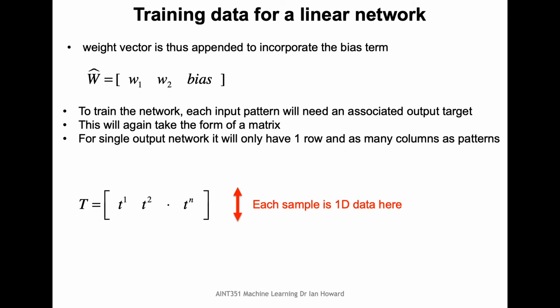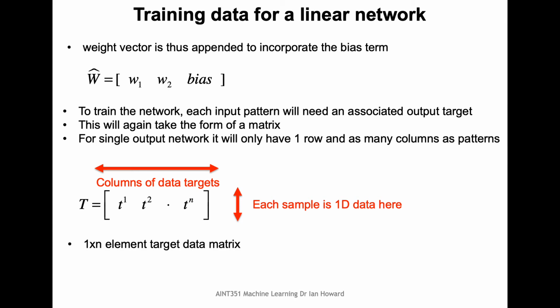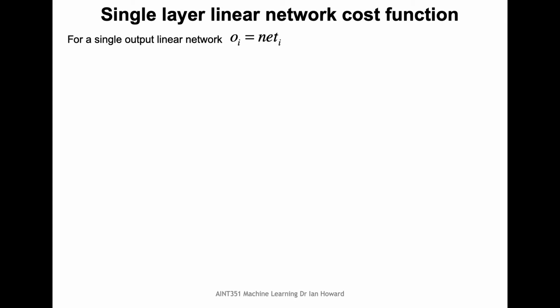In this case, with a single output, it's going to be a one-dimensional vector per data sample, and there are as many targets as there are samples coming in on X. So for every vector we've got a corresponding target. In this case it's just a 1 by n matrix.